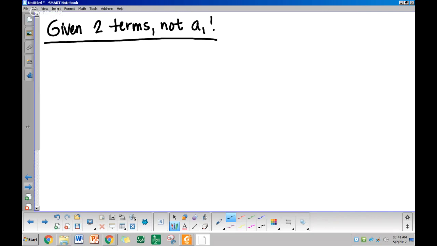So let's say we have a sub 6 is 10, and sadly they won't be right next to each other either, right? Because that would be too easy. If I gave you a sub 7, you would know. That would be way too easy, right? Okay, so a sub 21 equals 55.